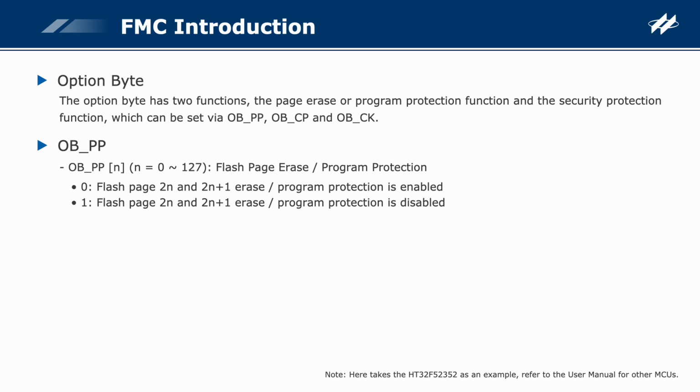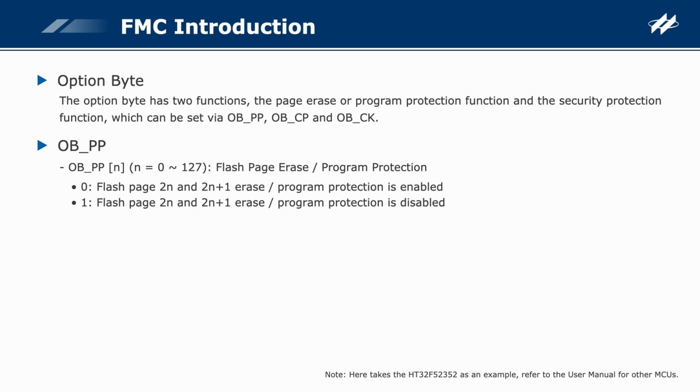If it is necessary to enable the page erase or program protection for the page from page 0 to page 254, the corresponding OBPP bit must be cleared to 0, and vice versa. For example, to enable the page erase or program protection for page 4 and page 5, the OBPP2 bit must be cleared to 0.